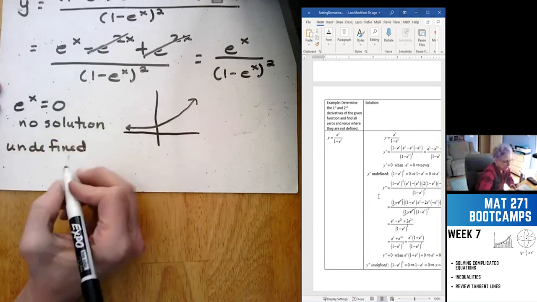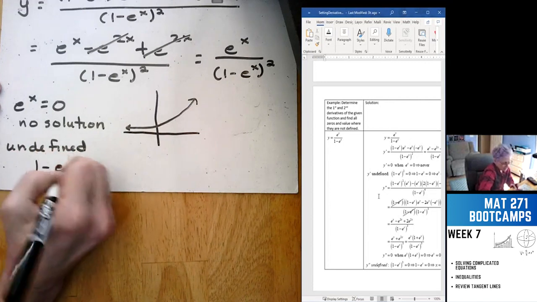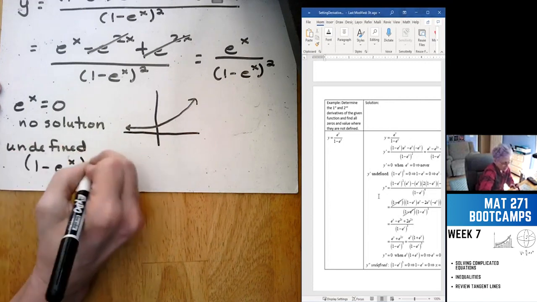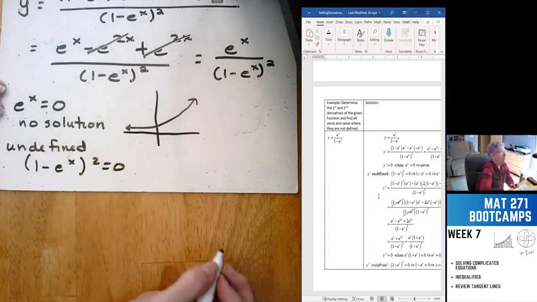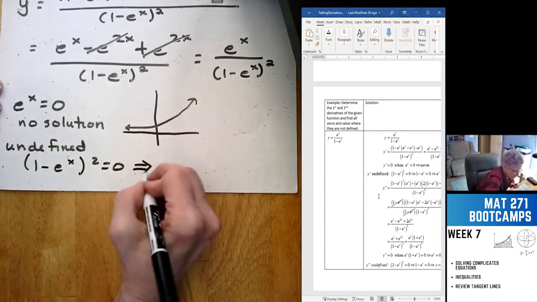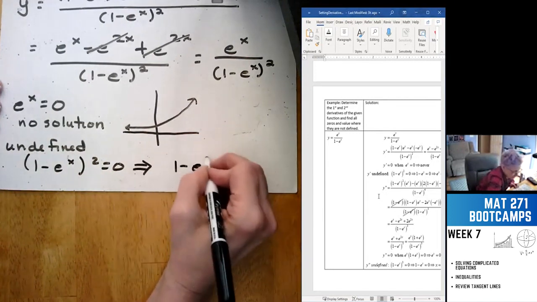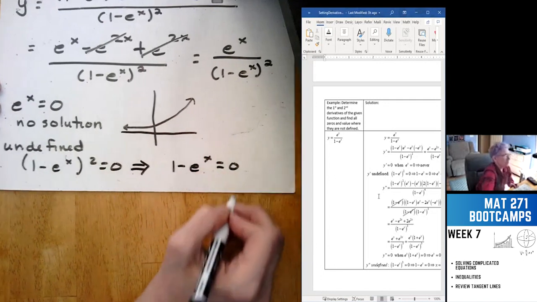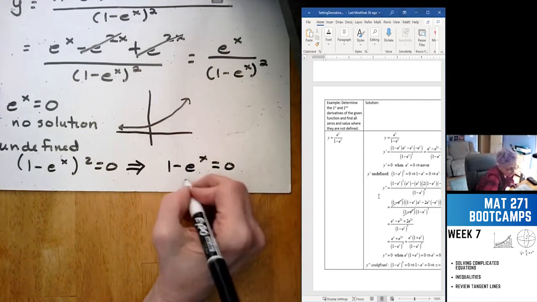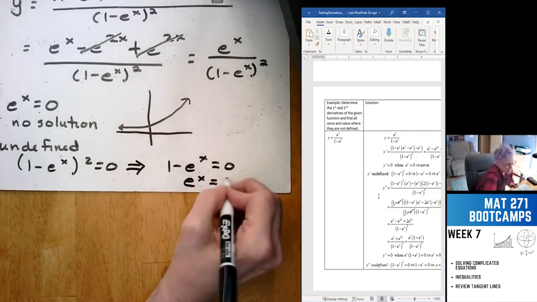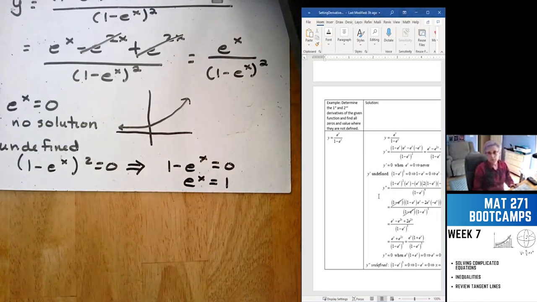It's undefined when the denominator is equal to 0. So 1 minus e to the x squared equals 0, which only happens if 1 minus e to the x is equal to 0, which only happens if e to the x is equal to 1.